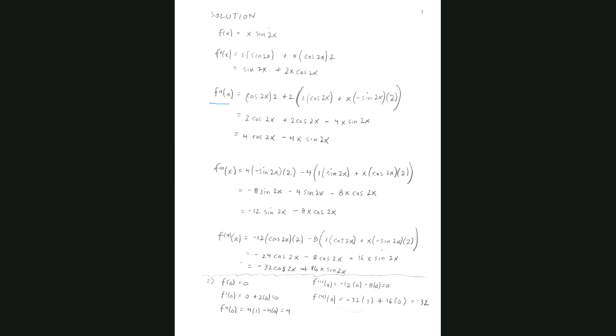So I know you're looking at this, you're saying, man, this looks kind of involved. Well, yeah, you just have to do the work. So I do the third derivative. You know how to take derivatives here.